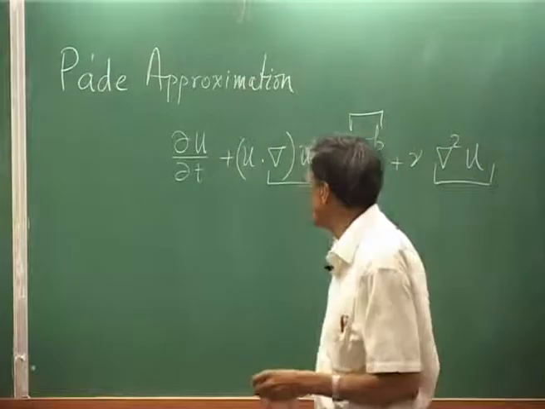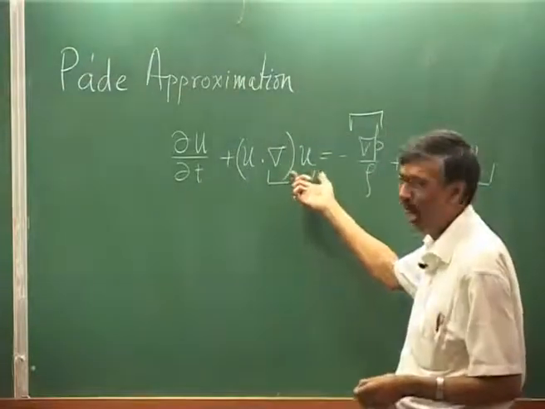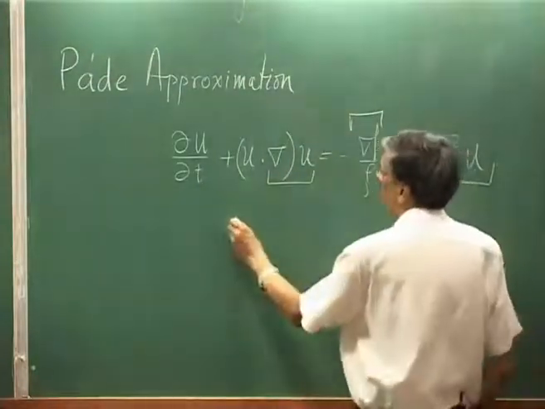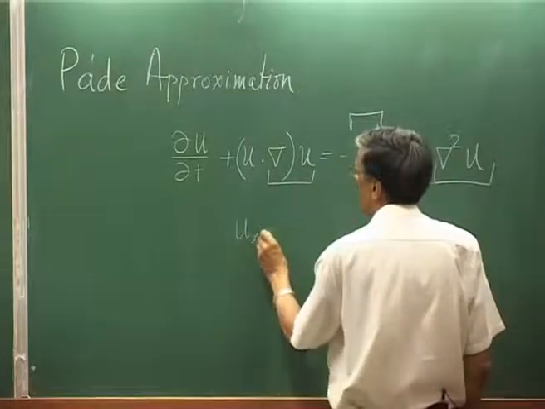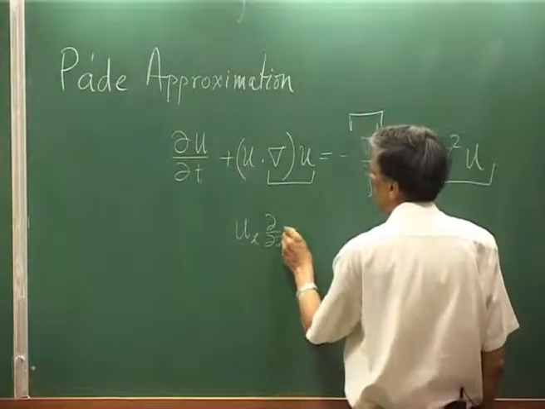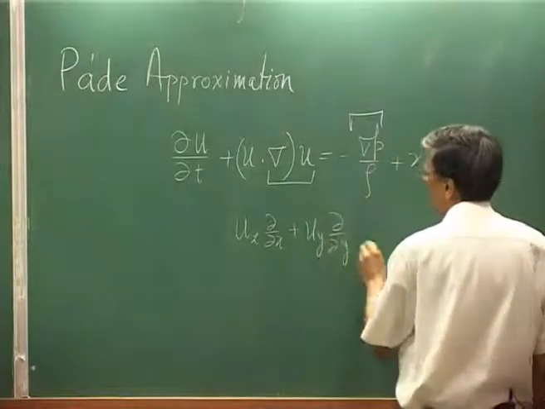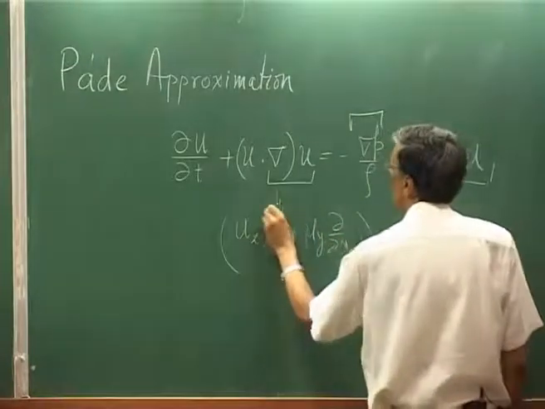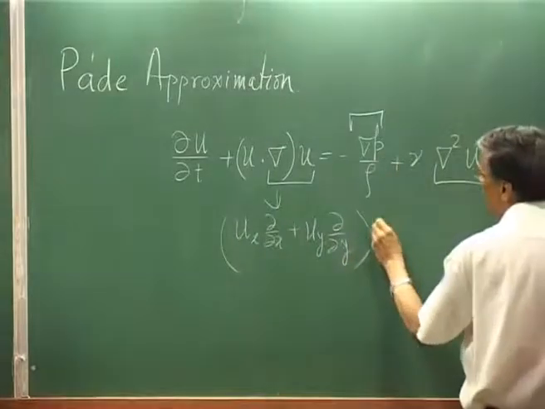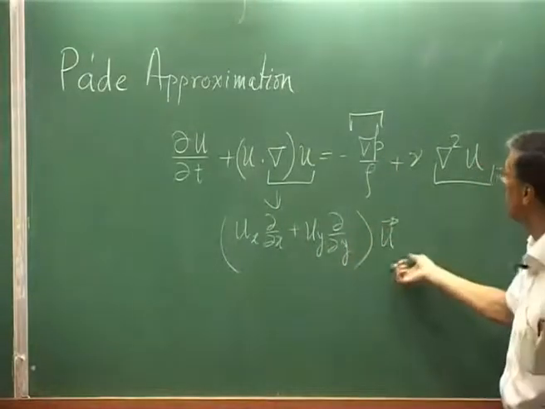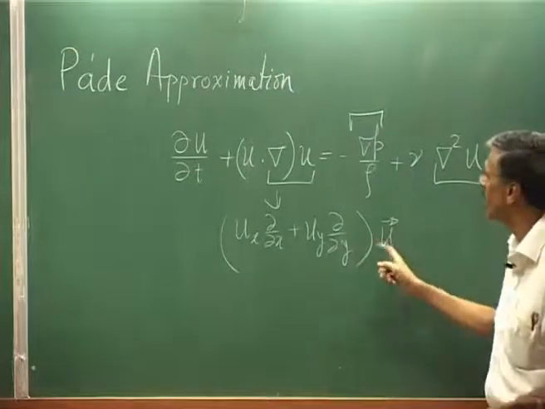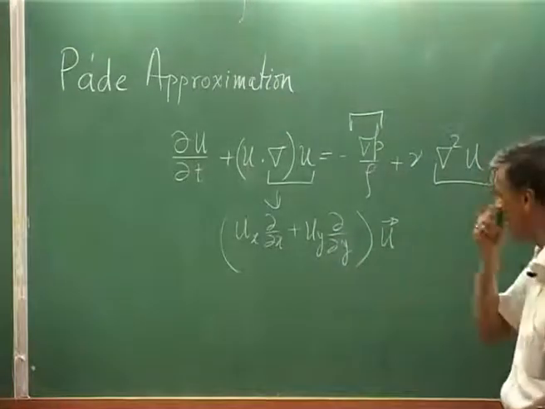In the compact scheme, what we have done earlier, if we had a term like this, we would have written it like this, say ux del del x plus uy del del y. Let's say in a 2D problem, this is how we would be doing, and here we would be writing the vector. So if I do it for x component, I will write ux. If I do it for y component, I will write uy.